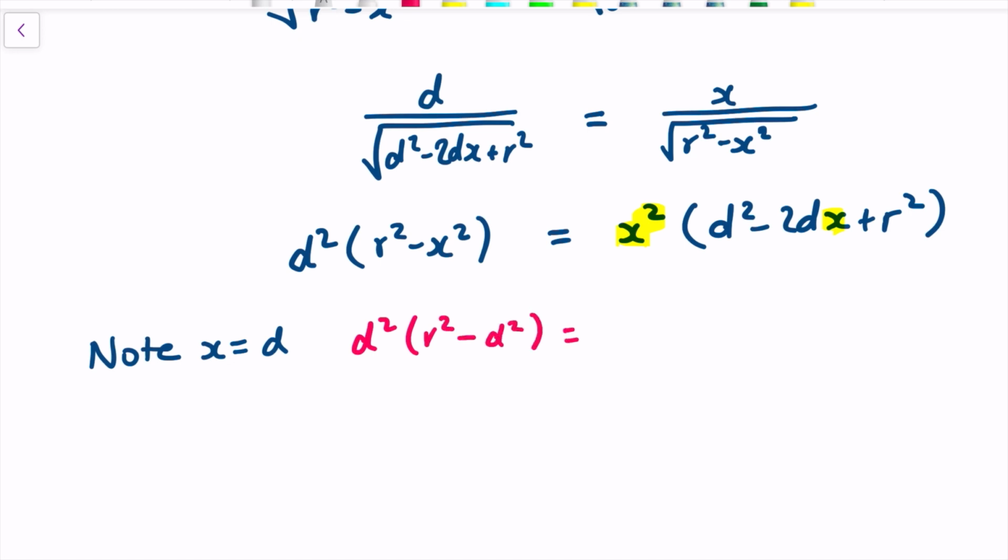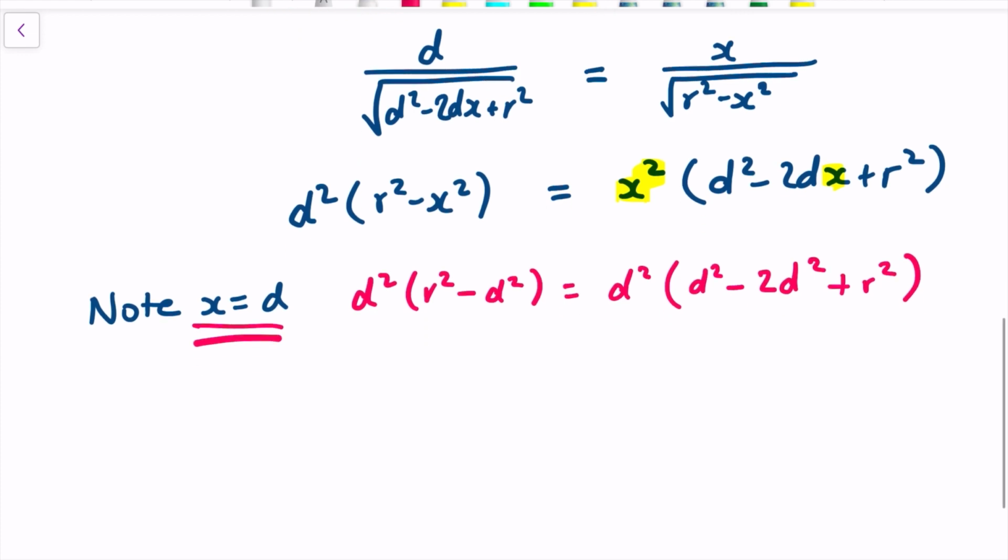And the right hand side would be d squared times d squared minus 2d squared plus r squared. And notice how that's equivalent. So x equals d is a solution to this cubic, and if we can factor out, therefore, x minus d, we can factor out that factor and then solve the quadratic for the other two solutions.